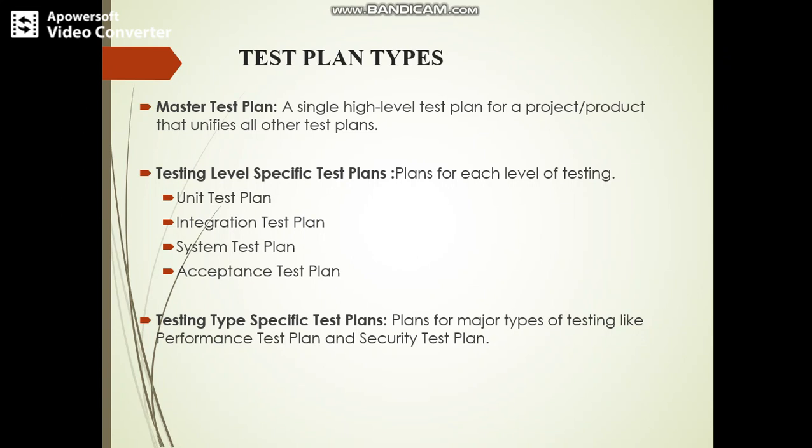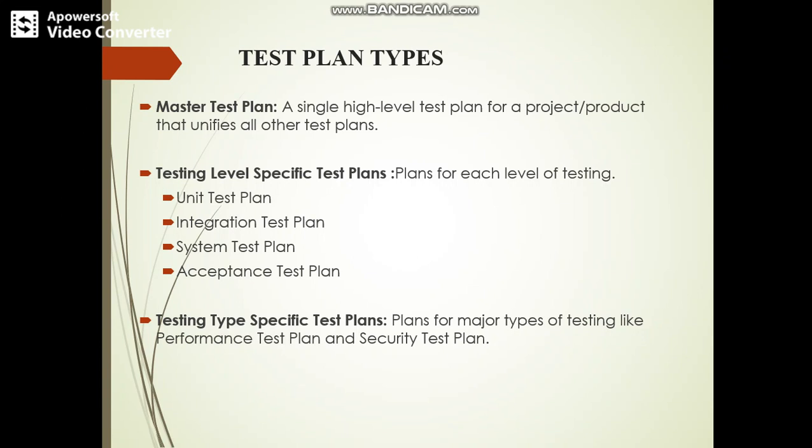After all the units are integrated, how to do the system test. And in acceptance, we already learned about alpha testing and beta testing. So as we learned, there are four levels of software testing, and you must have a plan for each level.